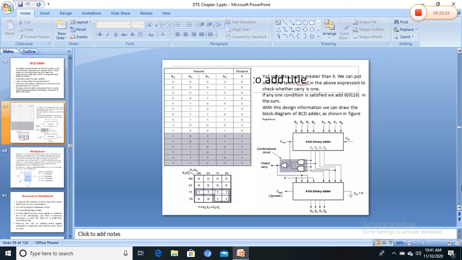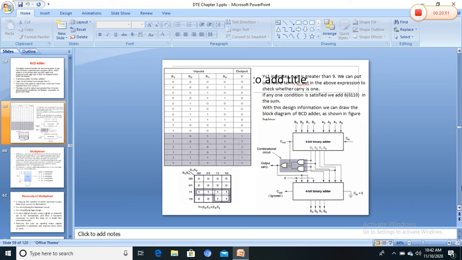If the sum is greater than 9 and carry is equal to 0, then S3, S2, S1, S0 of adder 1 is greater than 9, and the output y dash of the combinational circuit becomes 1. So B3, B2, B1, B0 of adder 2 are 0, 1, 1, 0, and hence 6 is added to the sum output of adder 1 and we get the corrected BCD number.